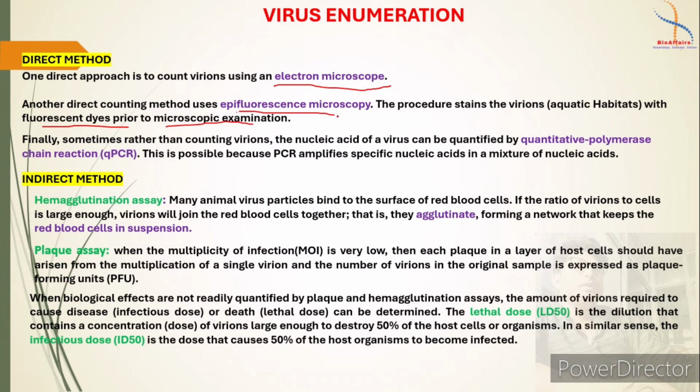Now finally, you can use quantitative polymerase chain reaction, where you get the viral number, not the direct virus you can see, but the viral genome, either a DNA virus or RNA virus, copy numbers in a viral sample, with the help of quantitative polymerase chain reaction. This is the quantification of the viral number in a particular sample.